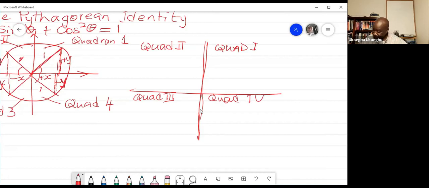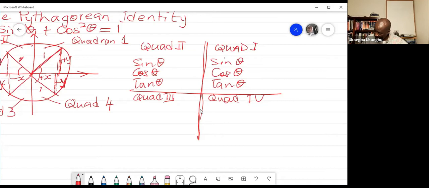All of them have the trig ratios: sine theta, cos theta, and then tangent theta.